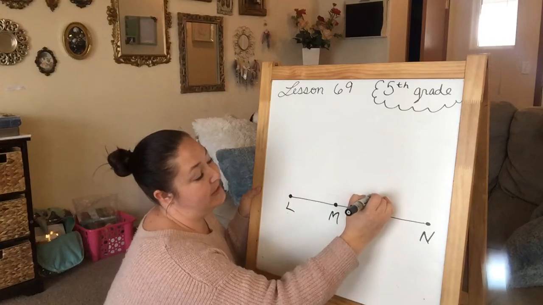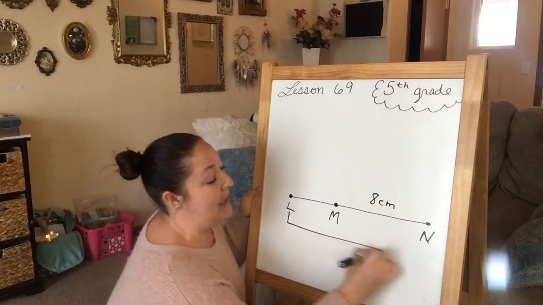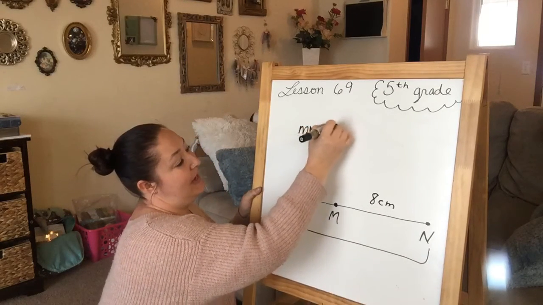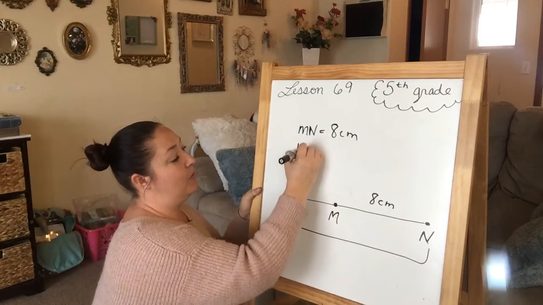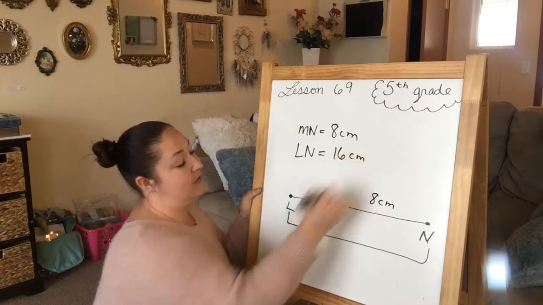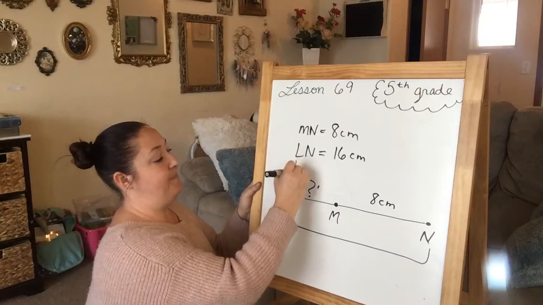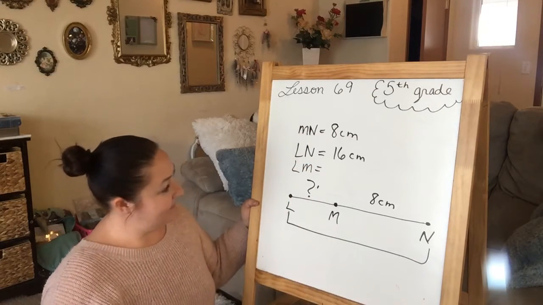If MN equals 8 centimeters and LN, the whole segment, equals 16 centimeters, then what is LM? Well, let's see.